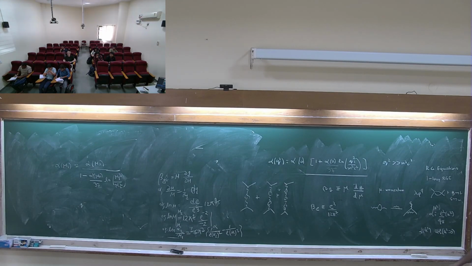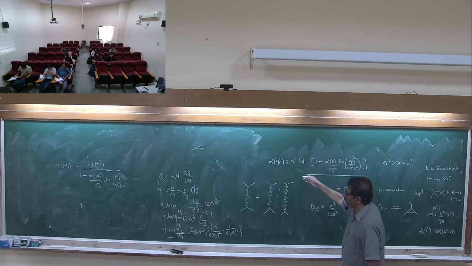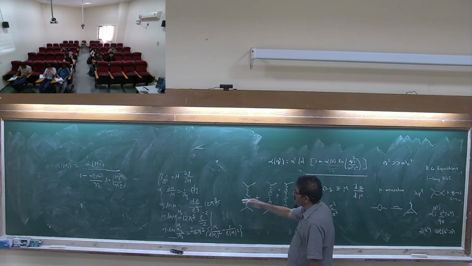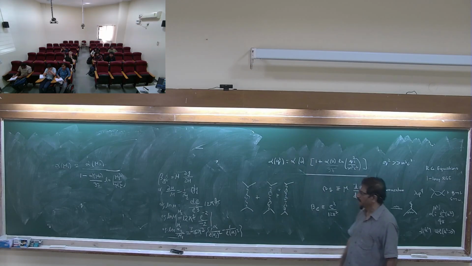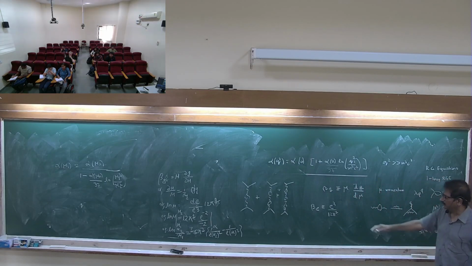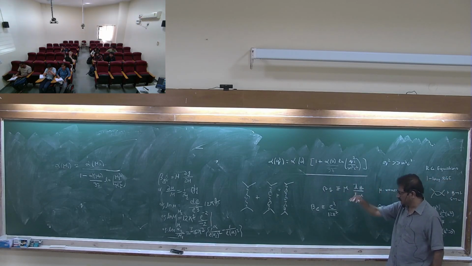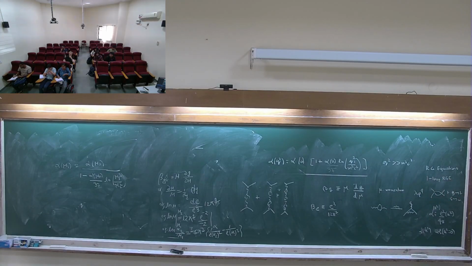So this means that in a theory like QED, as the momentum increases, the coupling constant increases, whereas in asymptotically free theories, as the energy increases, coupling constants decrease, and only non-abelian theories, gauge theories, are the only candidates where such a thing can happen.